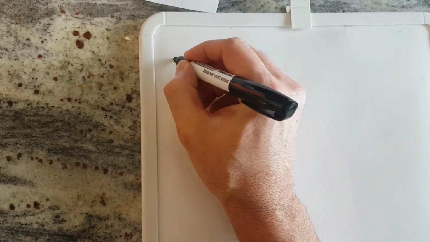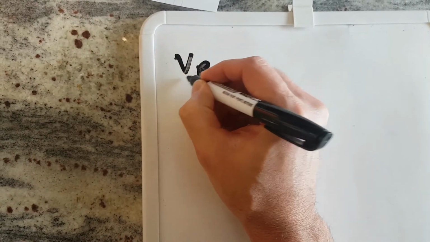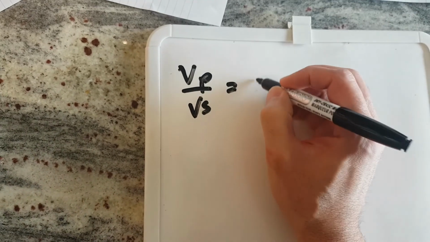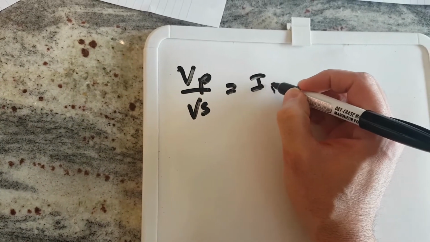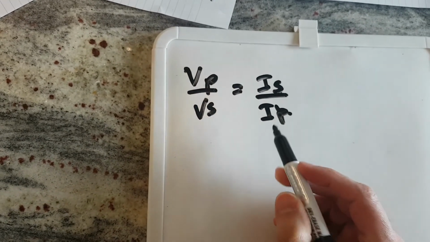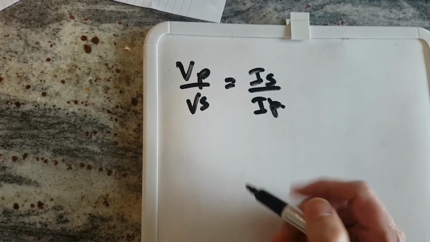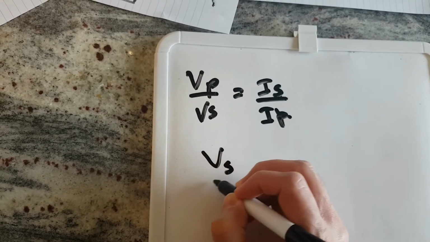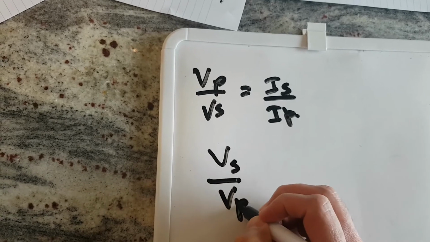We have that the voltage in the primary side divided by the voltage in the secondary side will be equal to the current in the secondary side divided by the current in the primary side. So by rearranging this formula, we end up here.